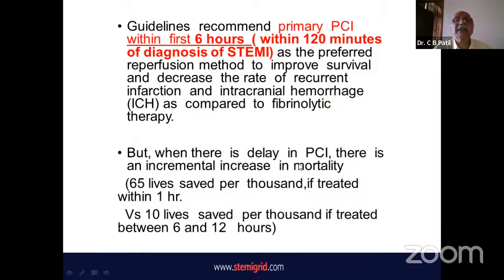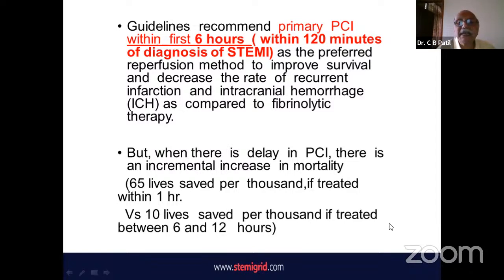See the guidelines: primary percutaneous coronary intervention within the first 6 hours, within 120 minutes of diagnosis of STEMI, is the preferred reperfusion method to improve survival and decrease the rate of recurrent infarction and intracranial hemorrhage as compared to fibrinolytic therapy. That means it decreases the reinfarction rate, it improves the survival, it also helps in preserving the LV function, and also the intracranial hemorrhage chance is not there.